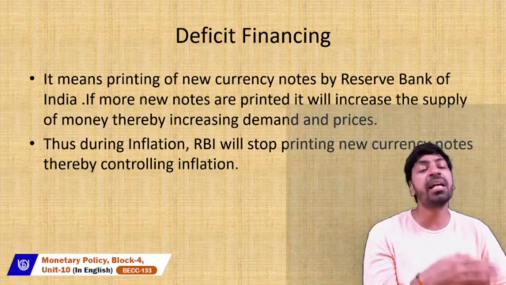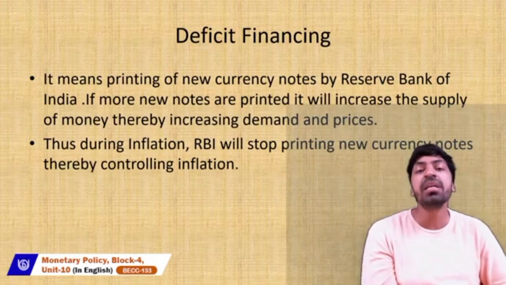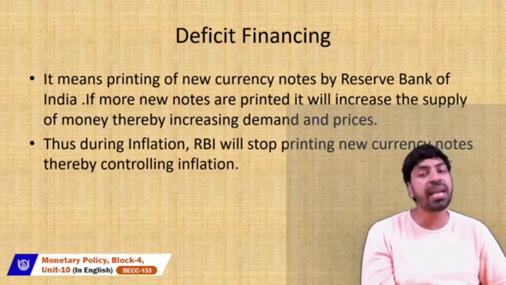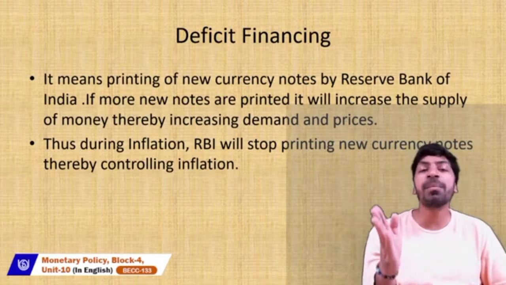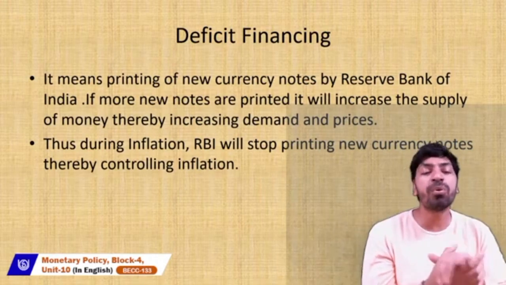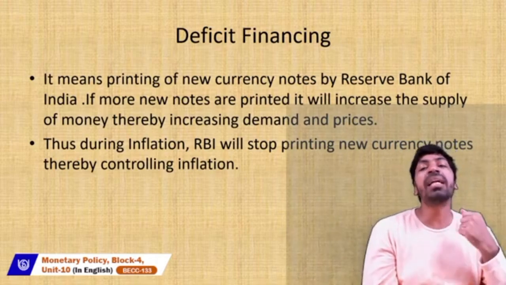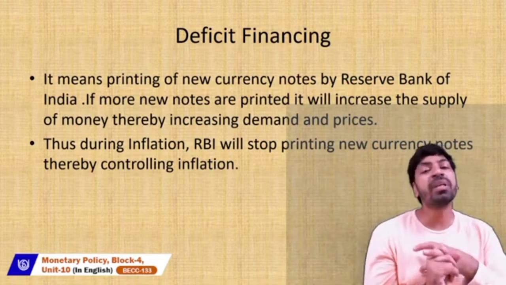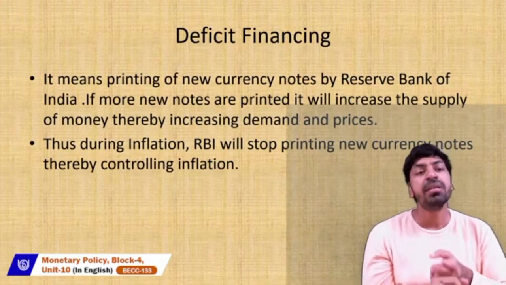And if the supply of money gets increased, the demand and prices also increase. So if the RBI prints more and more notes, all these factors get increased, whether it is the supply of money, the demand for money, or its associated prices.